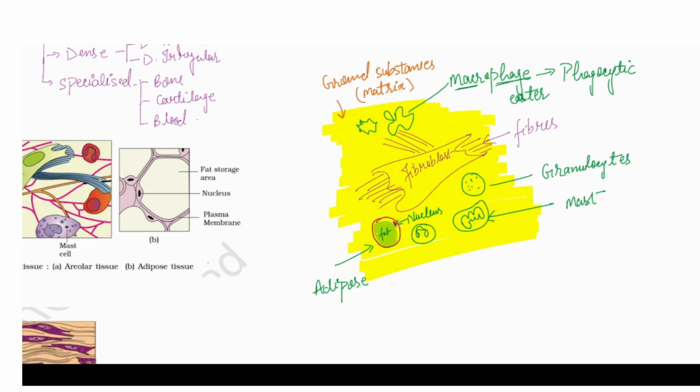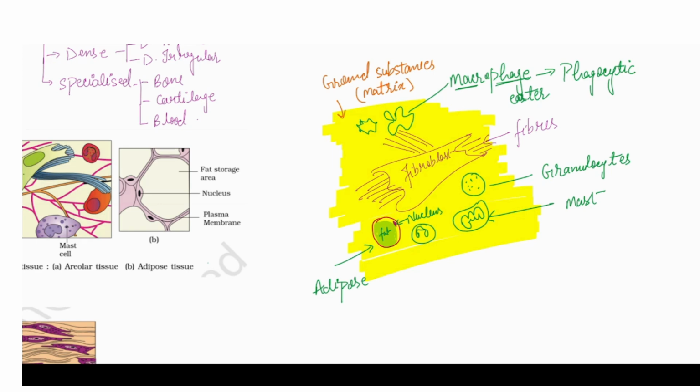So in this complete matrix there are fibroblast cells, as well as specific cells that function to kill antigens and help protect the other cells for growth and development.